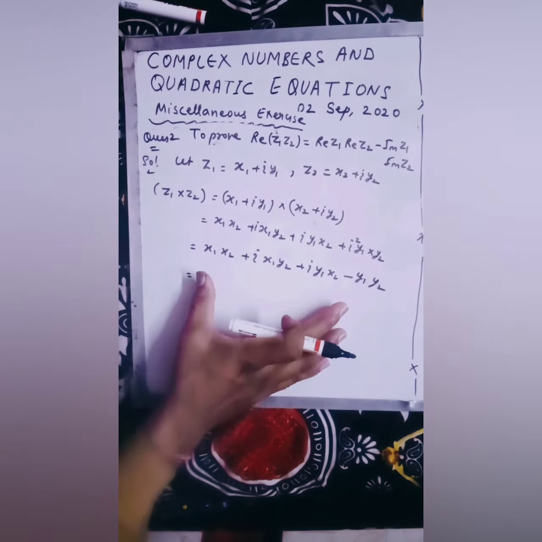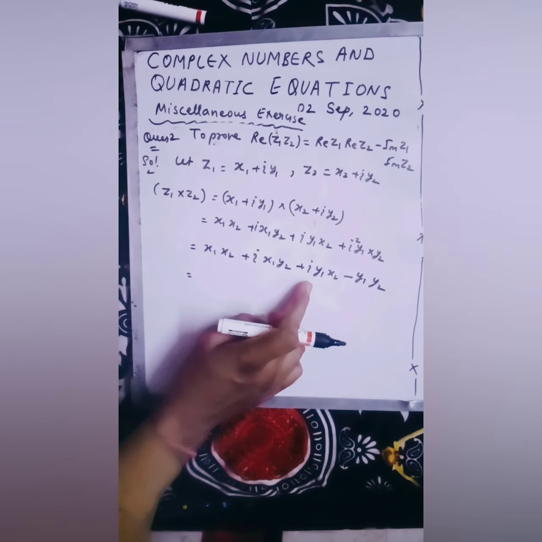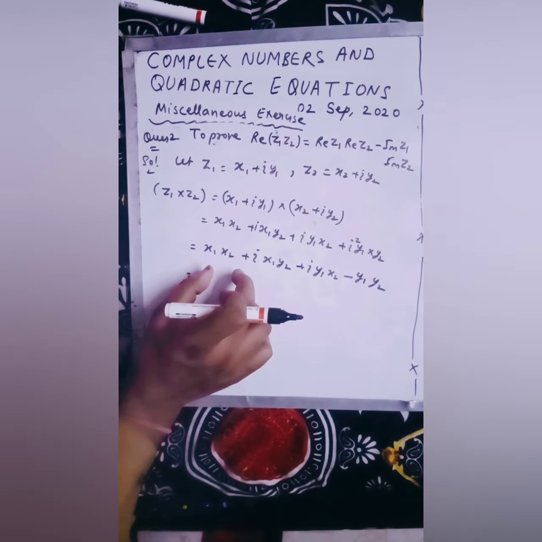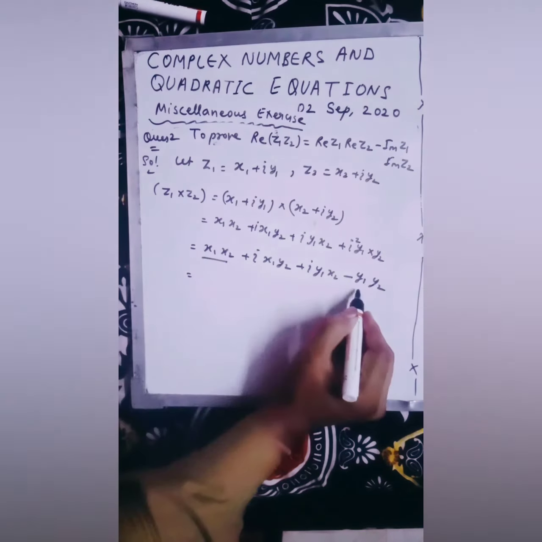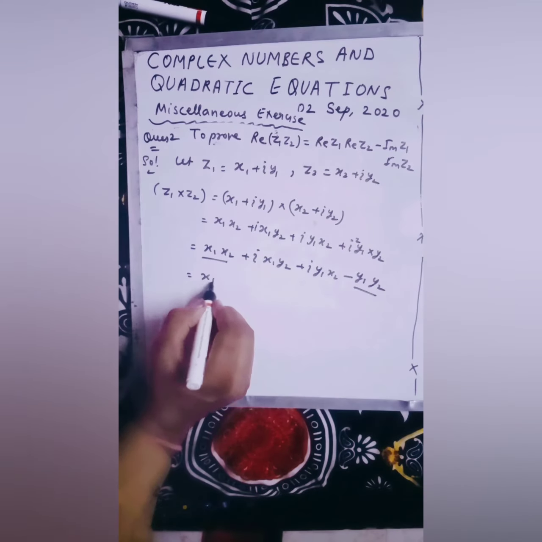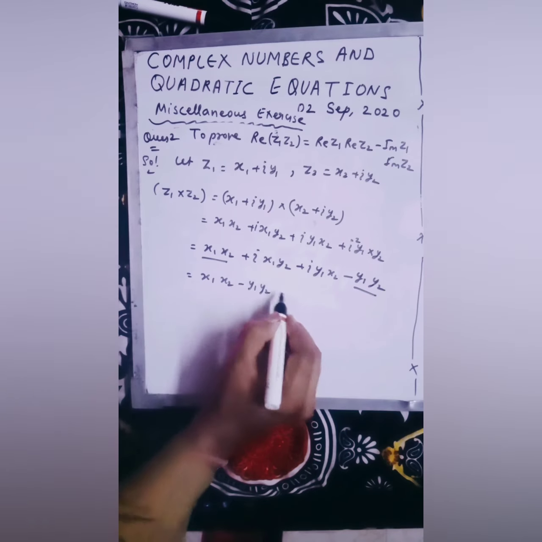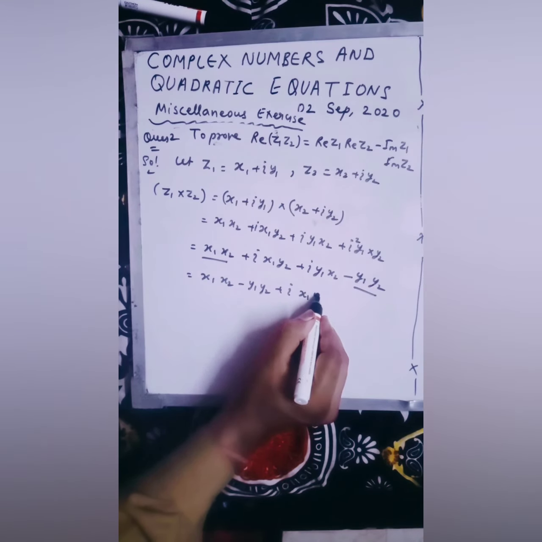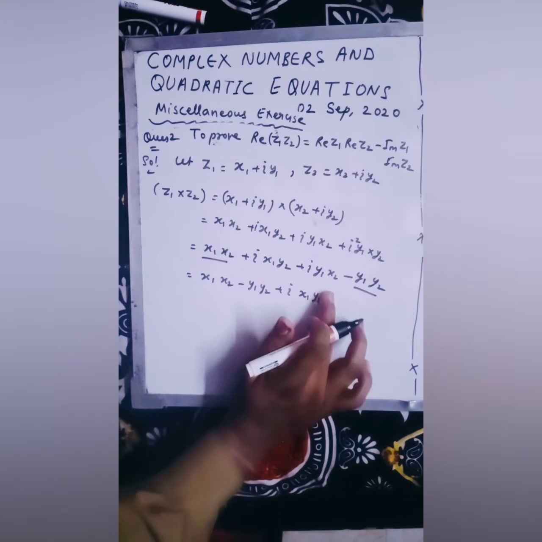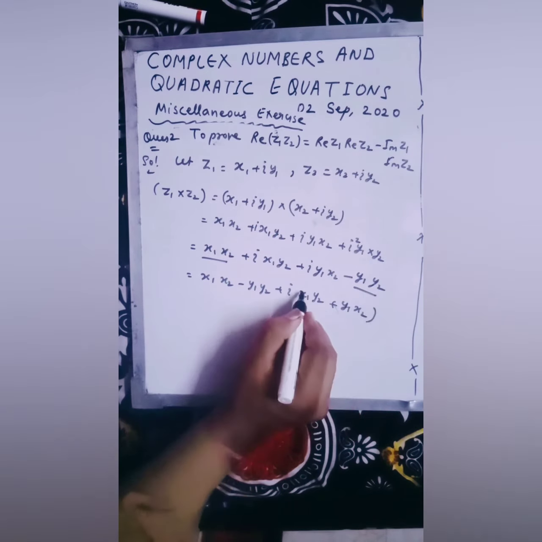Now we have to separate the real values. The value which contains iota is known as the imaginary value, and the value which doesn't have iota is known as the real value. So x1 x2 minus y1 y2 is the real part, plus iota times, taking common, x1 y2 plus y1 x2.